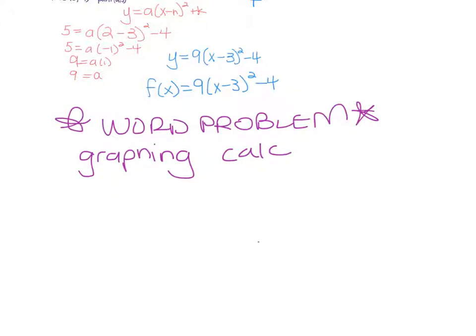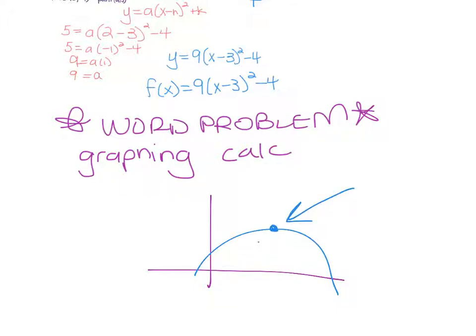So let's say my function looks something like this. It could ask me, what is the maximum height? So for maximum height, I'm going to trace, go to the maximum, and the maximum height, or minimum if it opens the other way, would be my k value, or the y coordinate of your vertex.